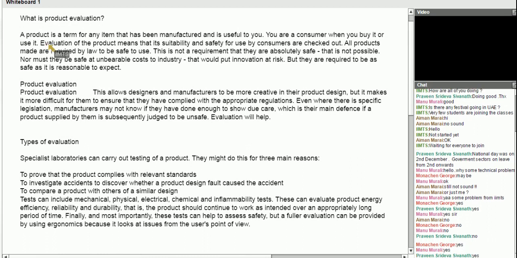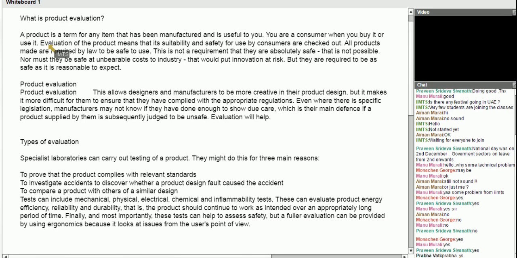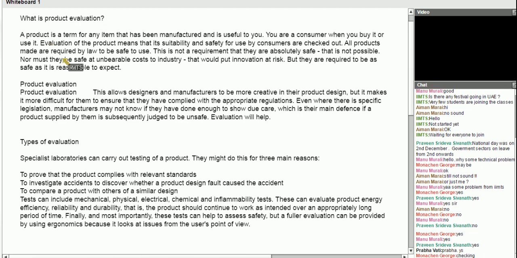Okay, so let's start. The topic that we will be learning today is product evaluation. What do we mean by the term evaluation? Evaluation means to examine something, checking something. Once the product is manufactured, companies also run this product evaluation process.